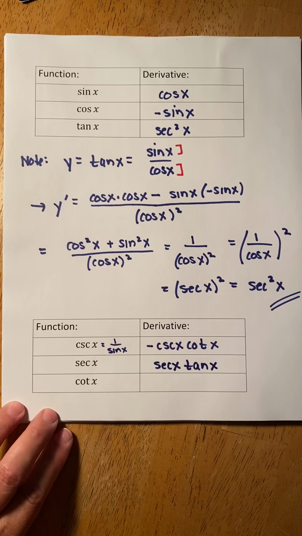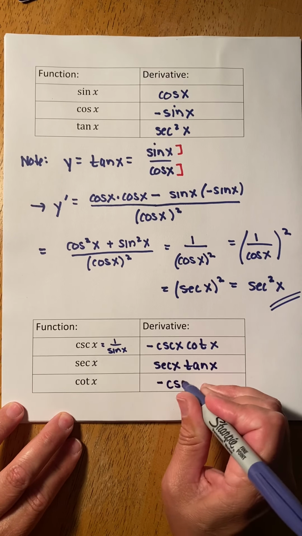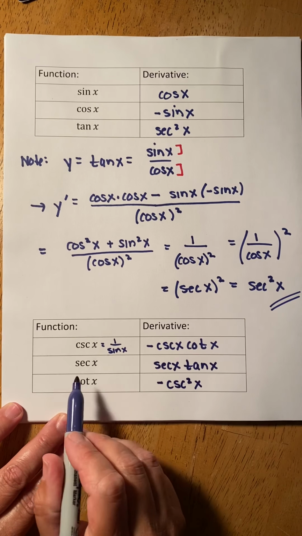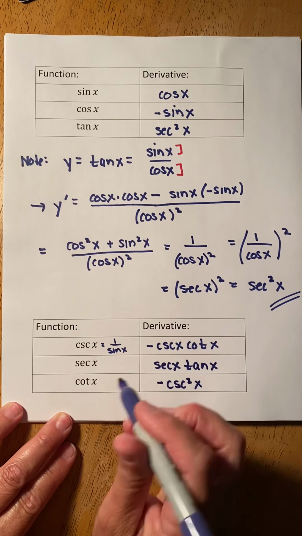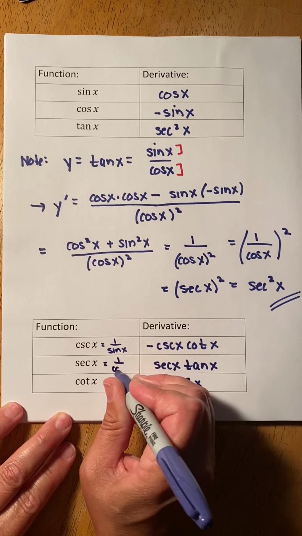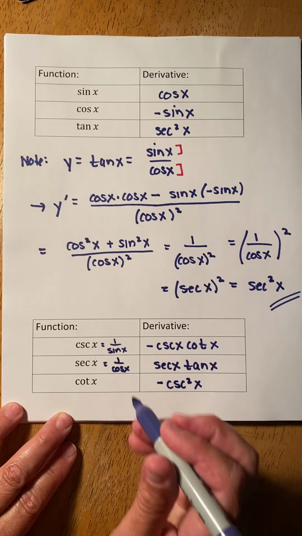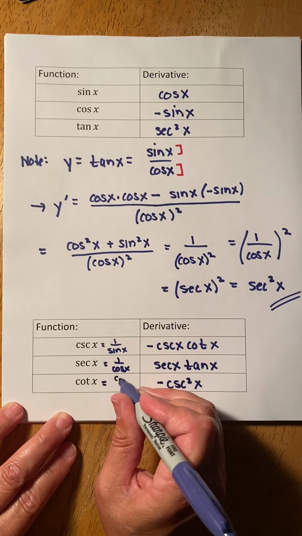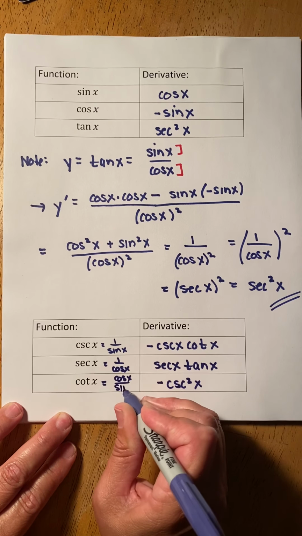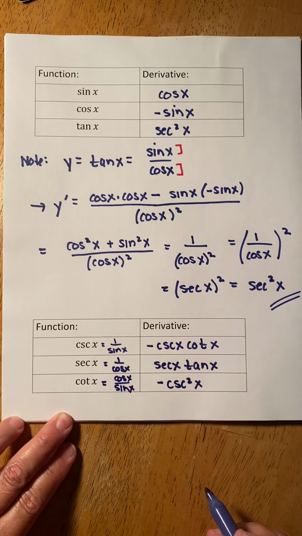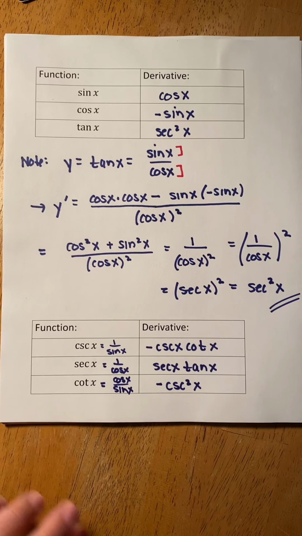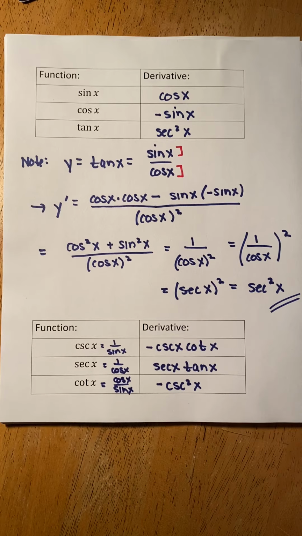And the derivative of the cotangent is the negative cosecant squared of x. We could find the derivative of the secant by thinking of the secant as 1 over the cosine and using the quotient rule. The cotangent is the cosine over the sine. If we applied the quotient rule to cosine of x over the sine of x, the derivative would be negative cosecant squared.